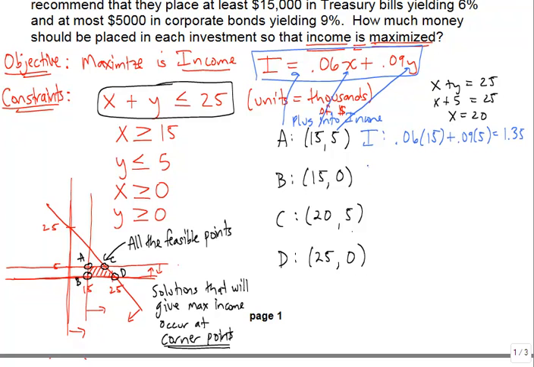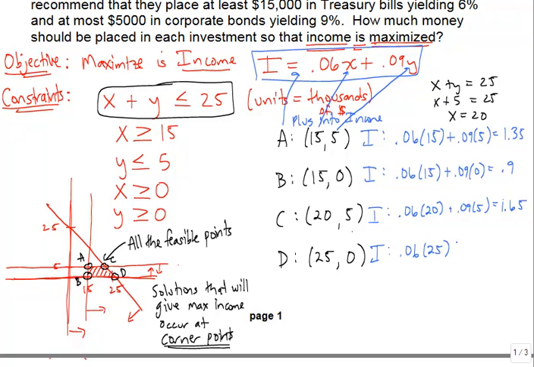Now let's do it for corner point B: 0.06 times 15 plus 0.09 times 0 gives 0.9. For corner point C, 0.06 times 20 plus 0.09 times 5 gives 1.65. And finally, for our last corner point, 0.06 times 25 plus 0.09 times 0 gives 1.5.